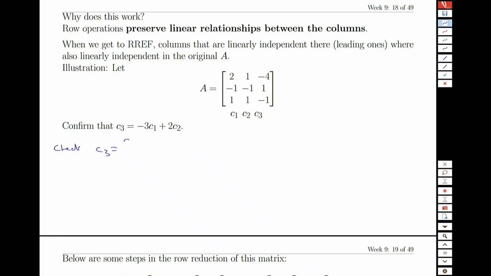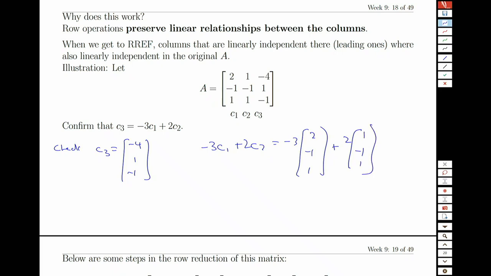C3 is -4, 1, -1. And -3C1 plus 2C2 is the same as -3 times 2, -1, 1, plus 2 times 1, -1, 1. That's -6 plus 2, 3 minus 2, -3 plus 2, which is in fact, yay, -4, 1, -1.